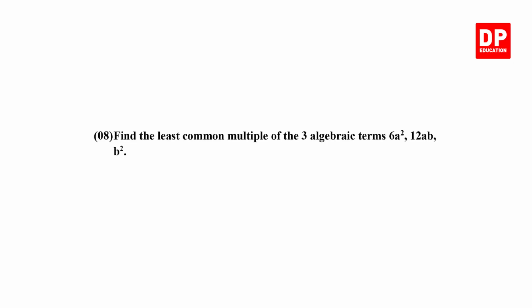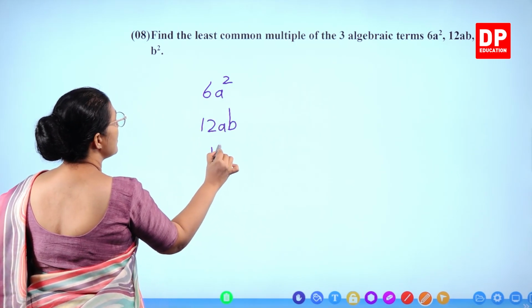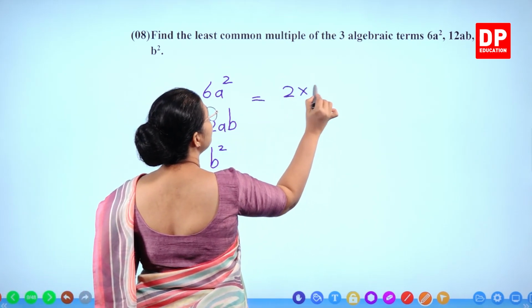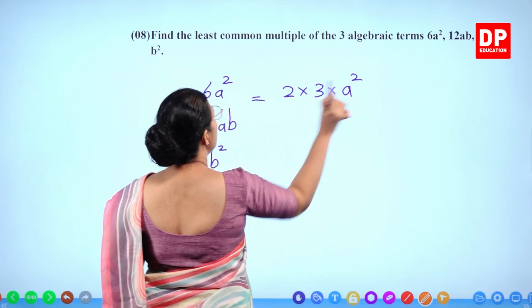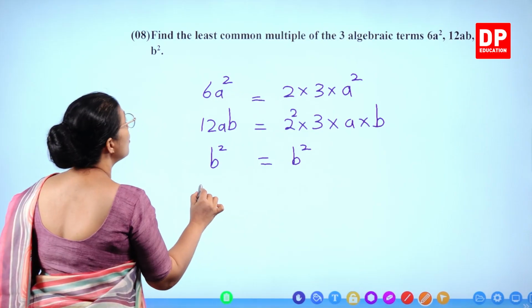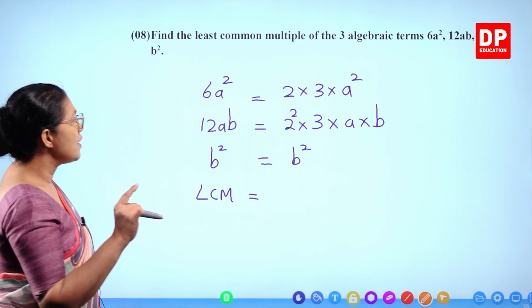Question number 8. Find the least common multiple of the 3 algebraic terms 6a squared, 12ab and b squared. So how can you write 6? 2 times 3 and a squared. 12ab, so you get 2 times 2, 4, 4 times 3, a and b squared. Now lowest common multiple, we take the highest power of each factor.